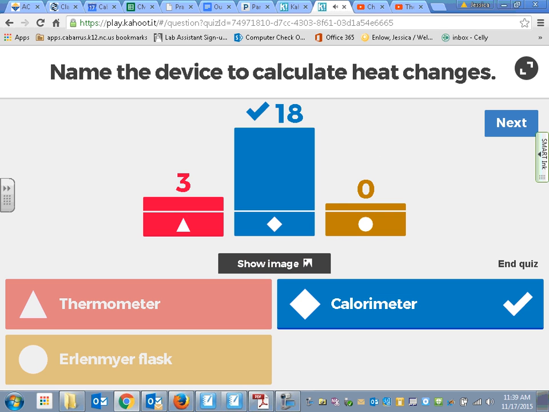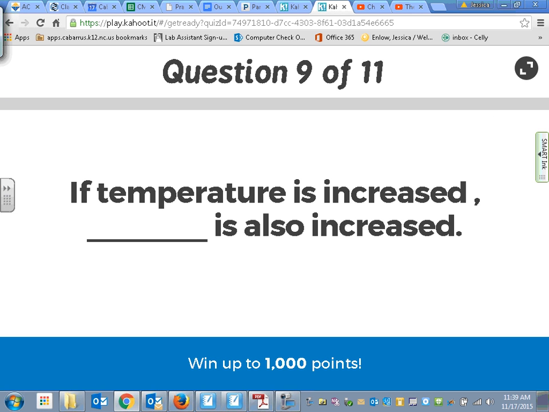Okay, now I want you to realize heat is heat and temperature is temperature. So if I said calorimeter is to heat, as thermometer is to temperature, or Celsius, something like that. If temperature is increased, blank is also increased.